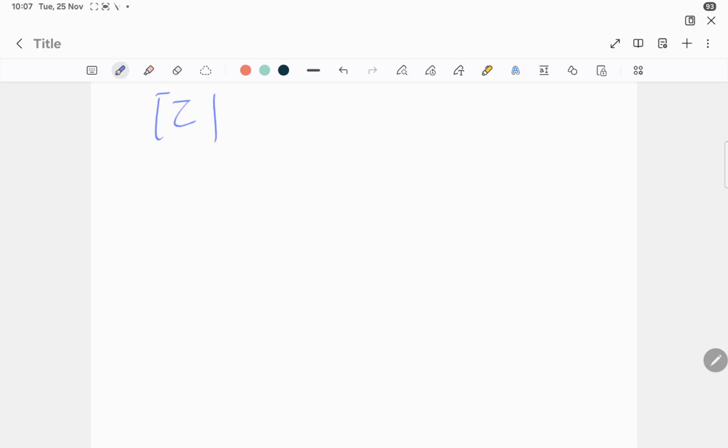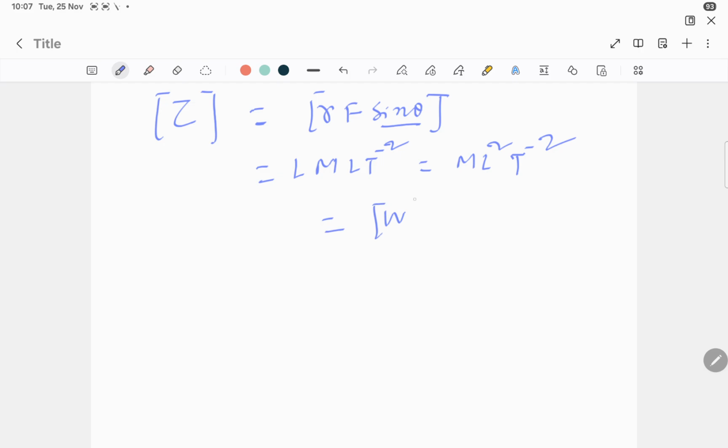So dimension of torque is R into F into sine theta is equal to, for R we write L, and for force MLT minus 2, and this is dimensionless, so it becomes ML2T minus 2, which is same as the dimension of work, which can be checked.